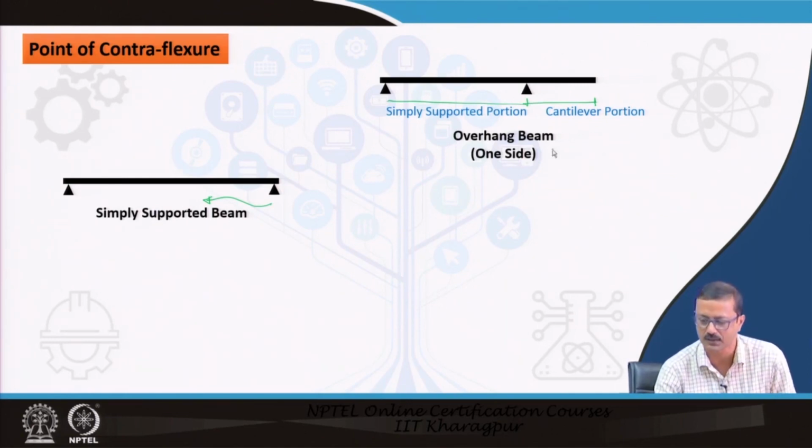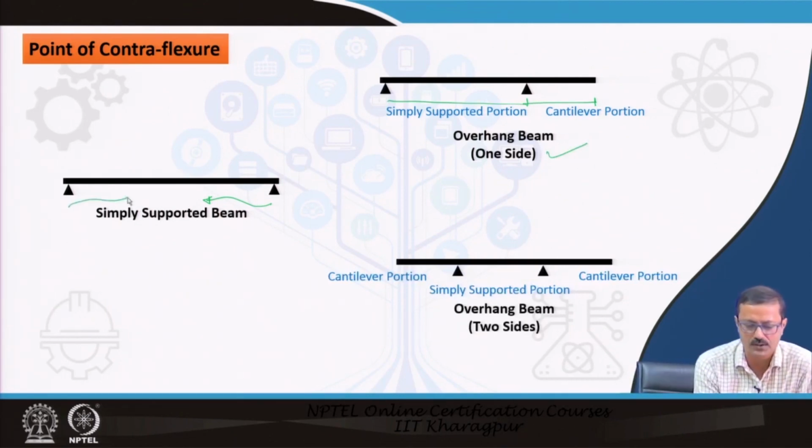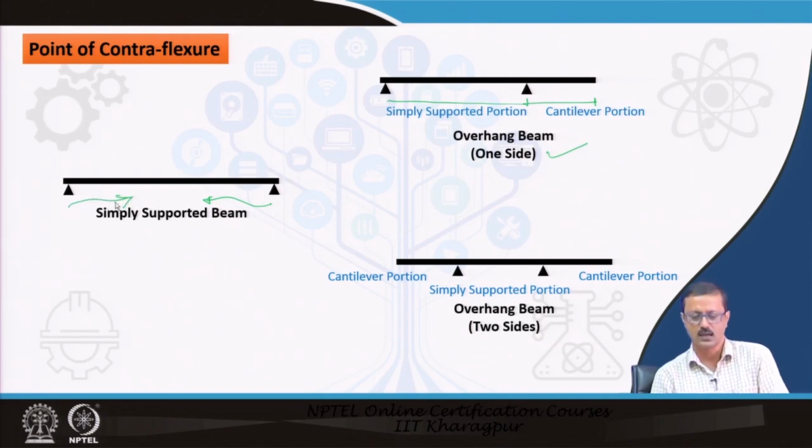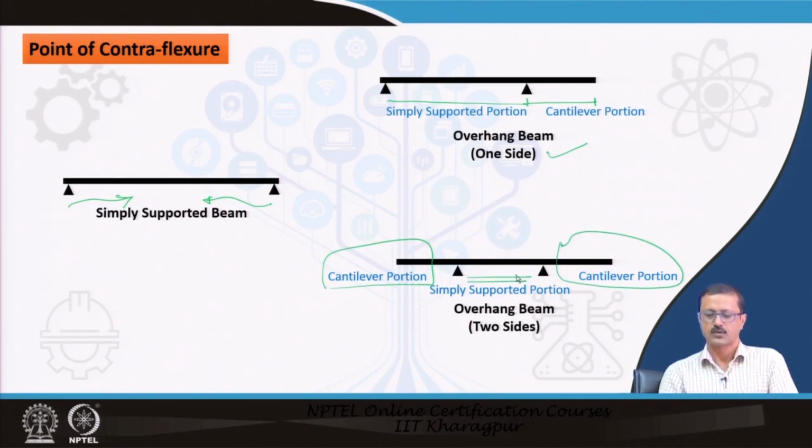There can also be a two-way overhang beam, where I push the other support towards the right, with a cantilever portion on each side and a simply supported portion in between. This is called a two-side overhang beam.